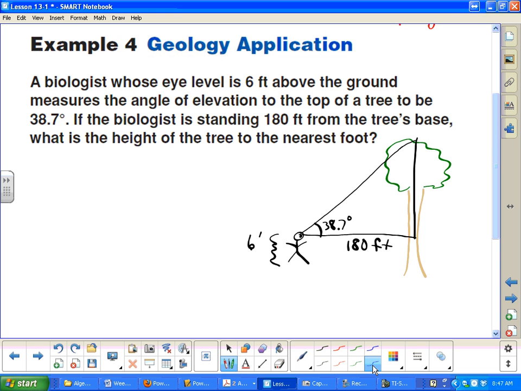So they want us to find this side of the right triangle plus this additional 6 feet to get the height of the tree. Okay, does that drawing make sense then?